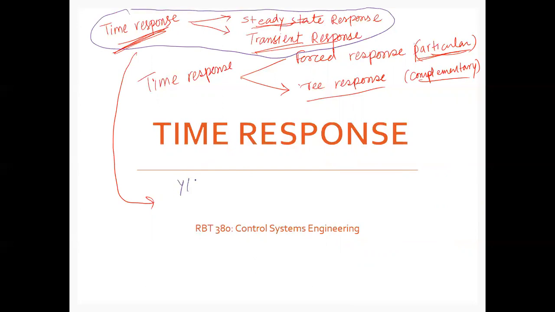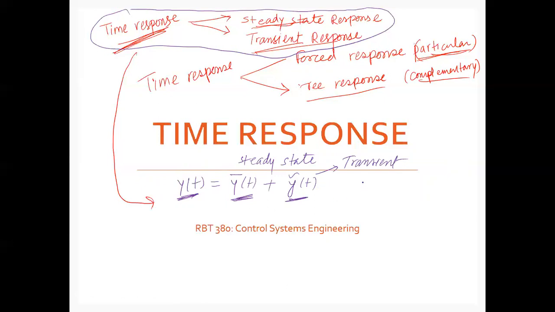Total response y(t) equals steady state, y bar, plus transient, y tilde. So this is transient. Your total solution y(t) is you have to add both together. There are just two of them, right?